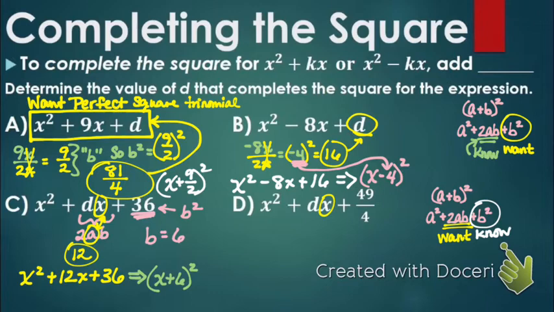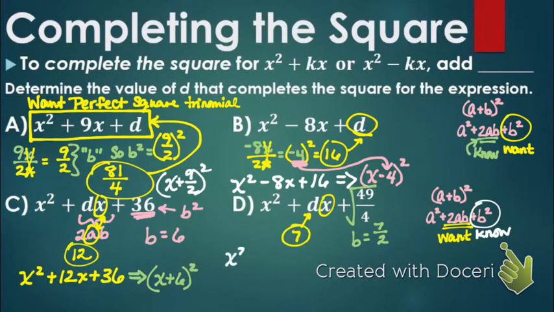What about the last one here, part D? What do I need to do? I need to square root this right here. I'm going to do it in green. So that means that b is what? 7 over 2. And what do I need to do to that before I just pop it in the place for D? Multiply it by 2. So what should go here? 7.